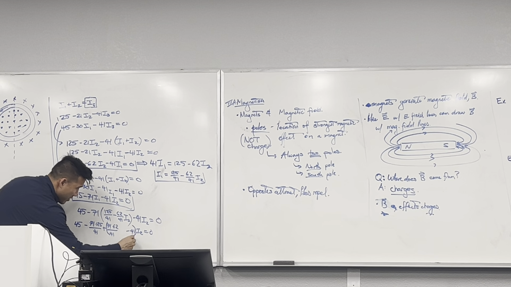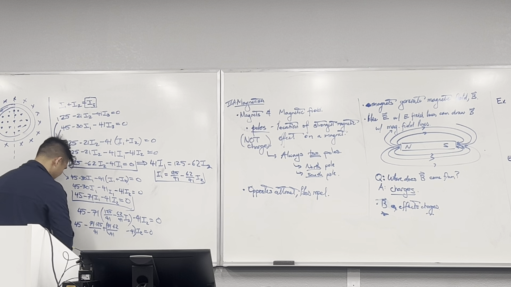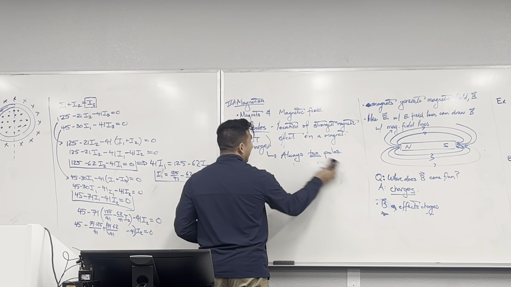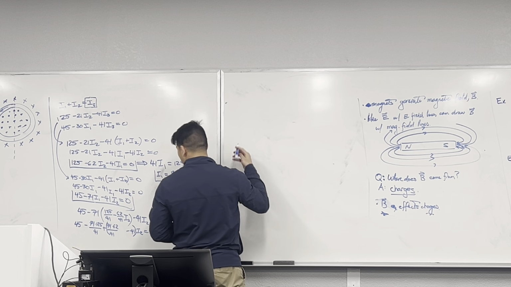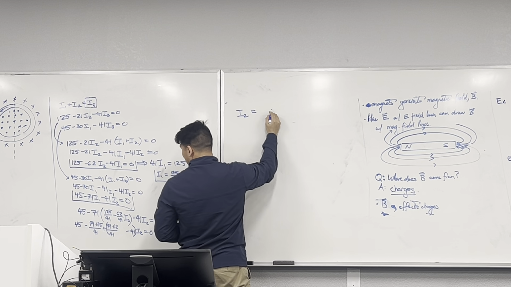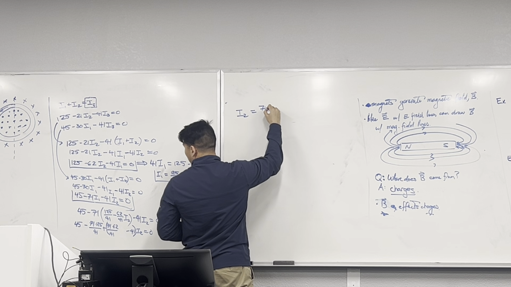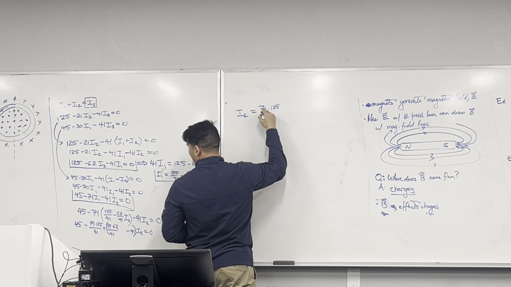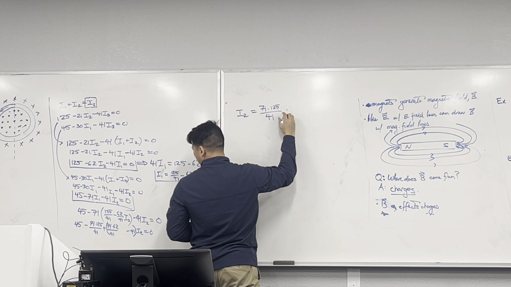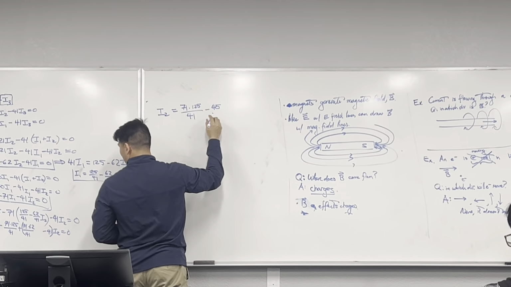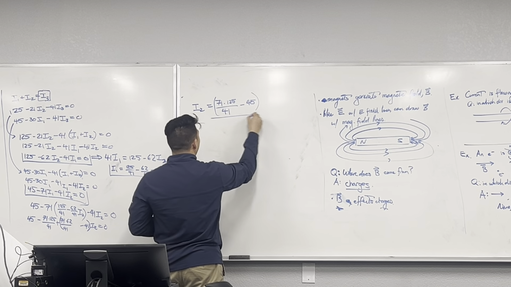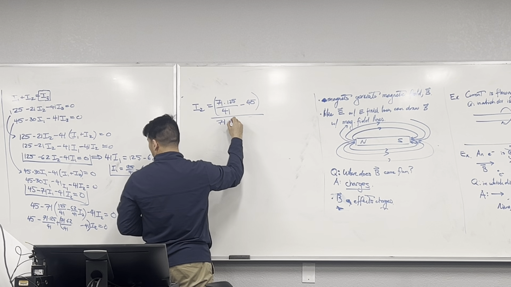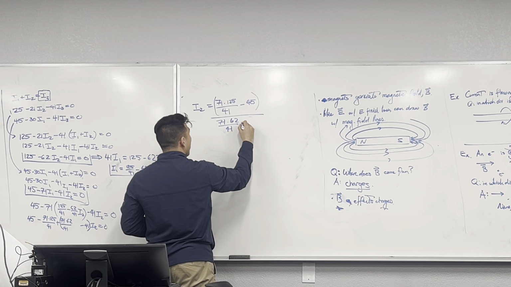So 71 times 62 over 41 minus 41 I2, so this means I2 is equal to 71 times 125 over 41 minus 45, all of that divided by 71 times 62 over 41 minus 41.